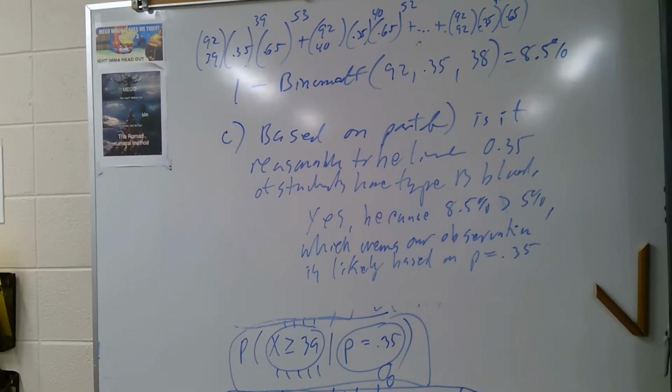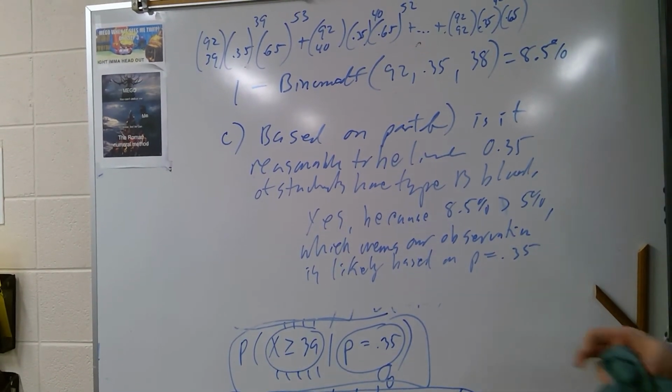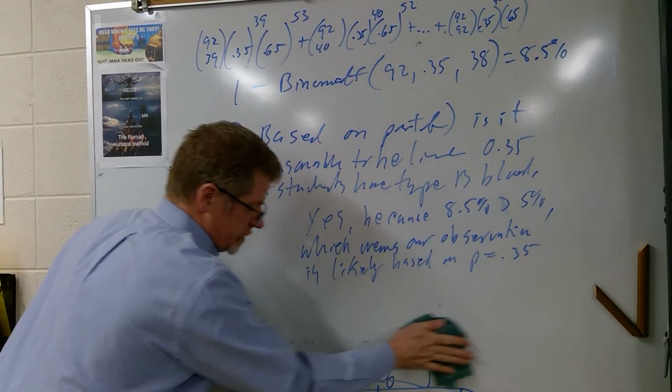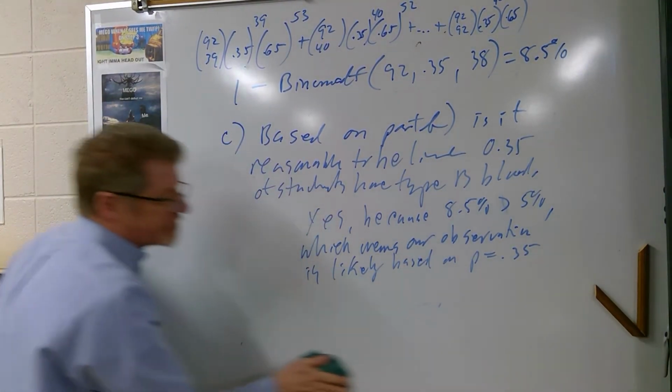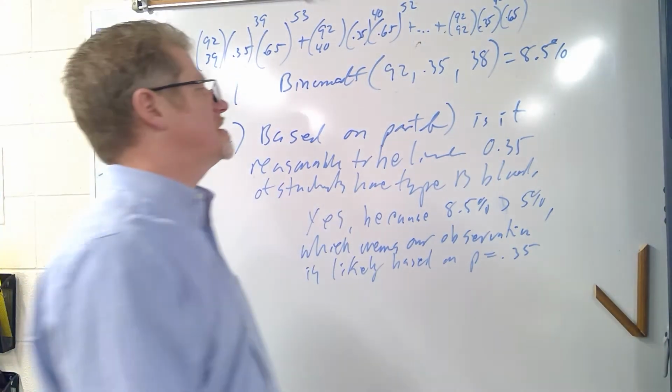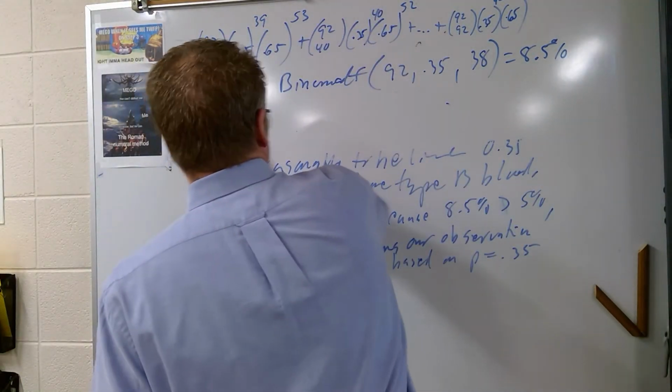So let's contrast this with the situation of what this could have been, because you need to understand how scientists think and what scientists like and what scientists don't like.